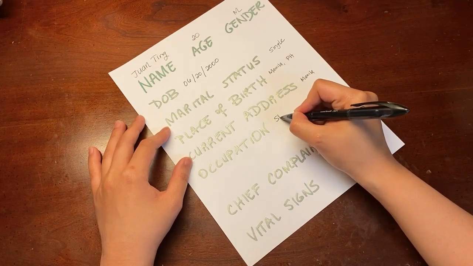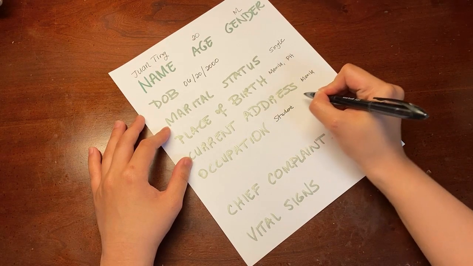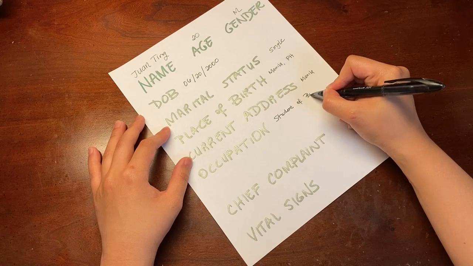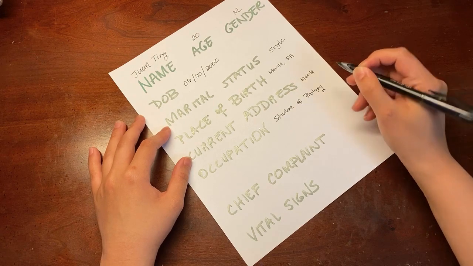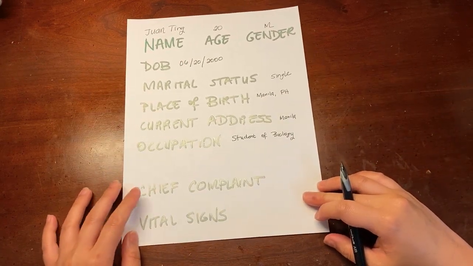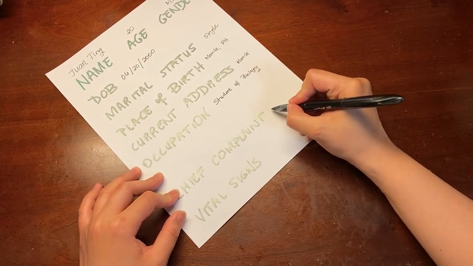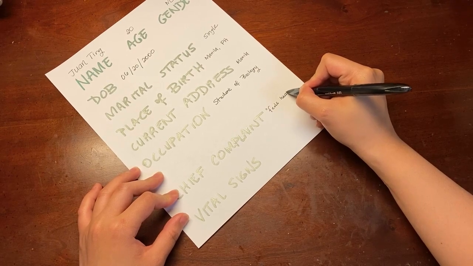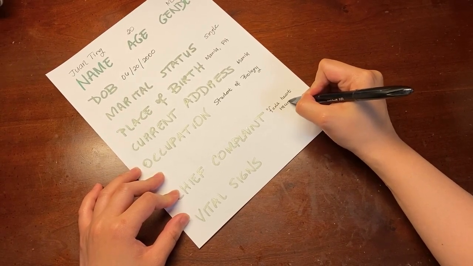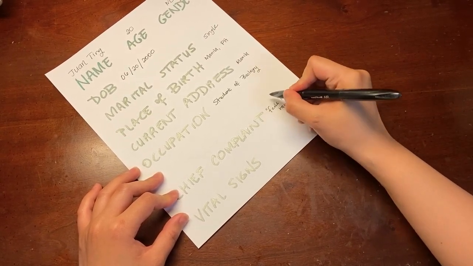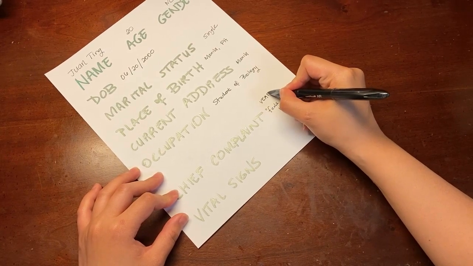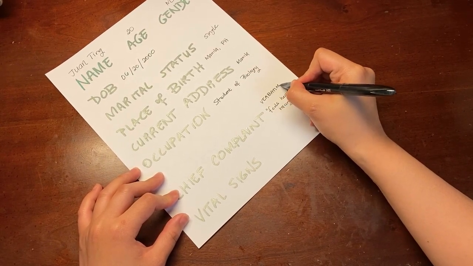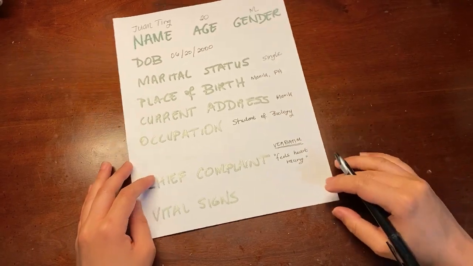And he is a student of biology. Then his chief complaint says he feels his heart racing. So, feels heart racing. Again, this is verbatim what the patient says. We're just abbreviating right now for the purposes of this presentation.